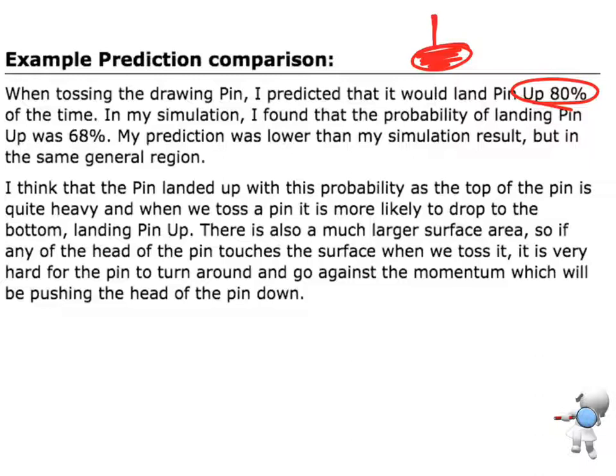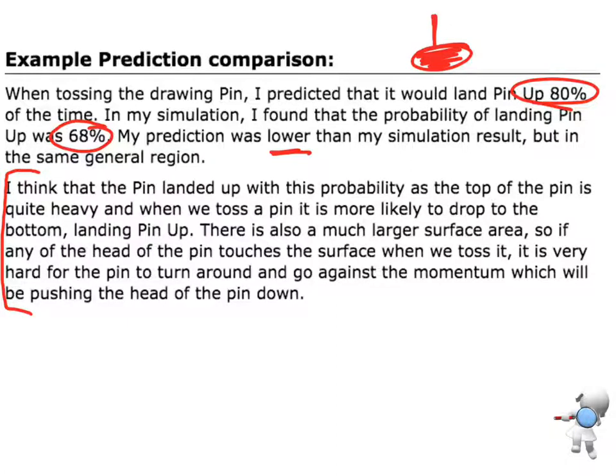Now, in my actual investigation, I found that the pin-up probability was actually 68%. So my prediction was higher than my result, but it was still on the same side of 50% as my result, which is what I thought. Then I give a little bit of explanation about why that might be.